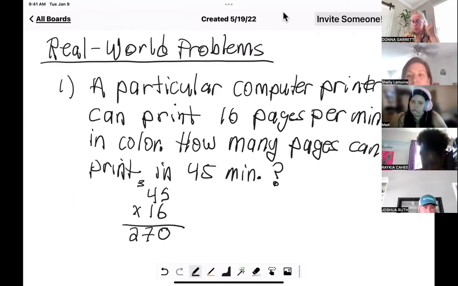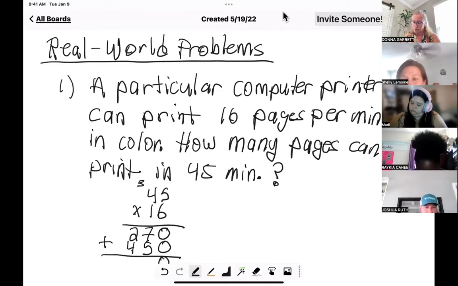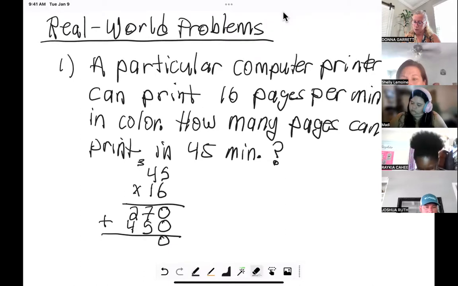I'm doing the 1 now, so I have to add the 0 because it's in the 10 spot. 1 times 5 is 5, and 1 times 4 is 4. And when I add these up, I'll know my answer. 0. 7 plus 5 is 12. 4 plus 2 plus 1, 4, 5, 6, 7.